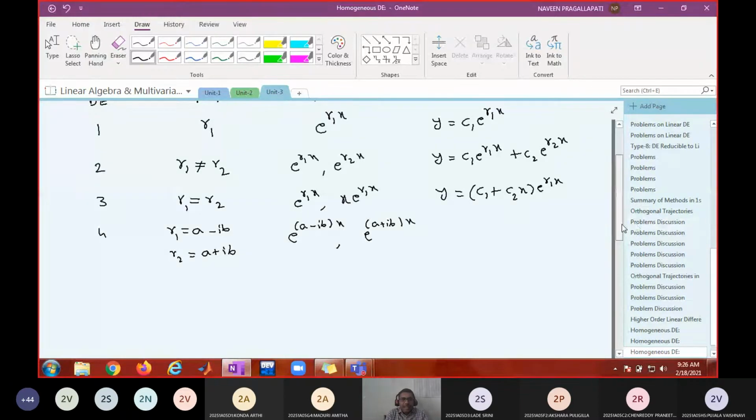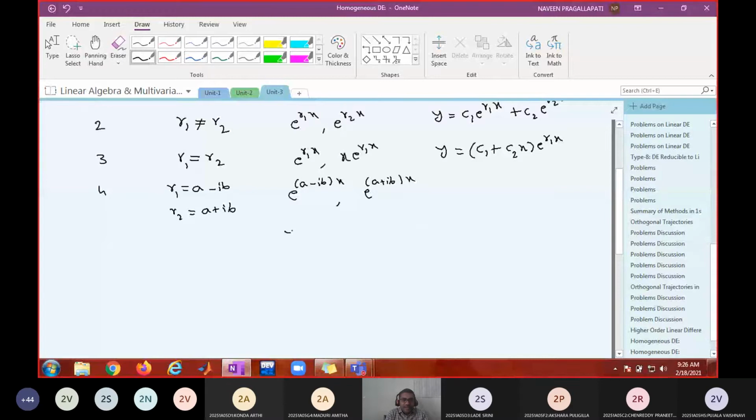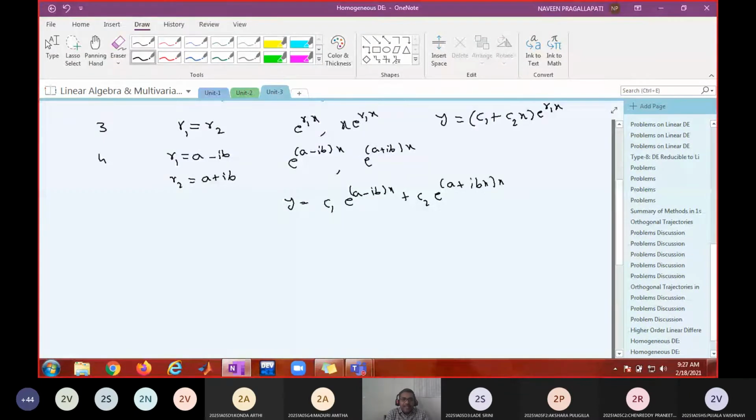Now, if I take the linear combination of these two, what do I get? Y equals c1 into e power (a minus ib)x plus c2 into e power (a plus ib)x. If I want to simplify this, can I take e power ax common from both?